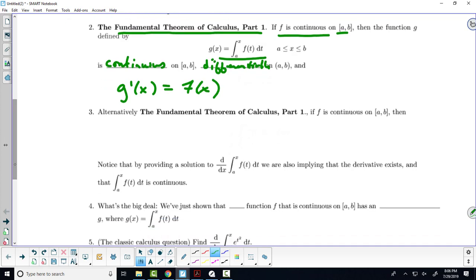First of all, I can represent it another way. If the derivative of g is f of x, and the antiderivative of f looks like this expression here, I'll clarify that in a minute, then another way of saying this is that g prime of x, which equals f of x, is equal to the derivative of this function right here.